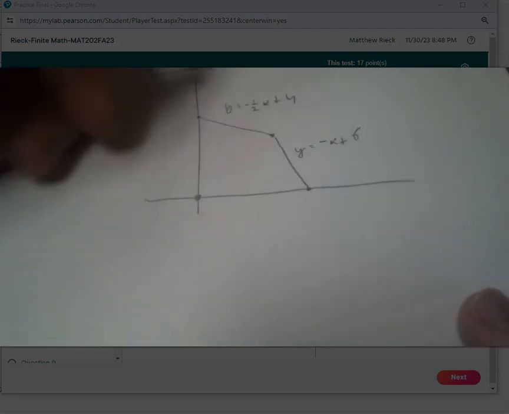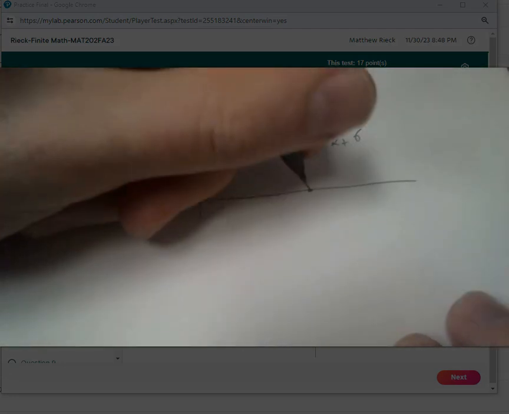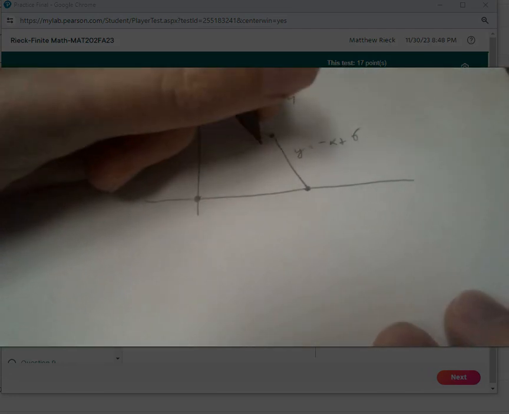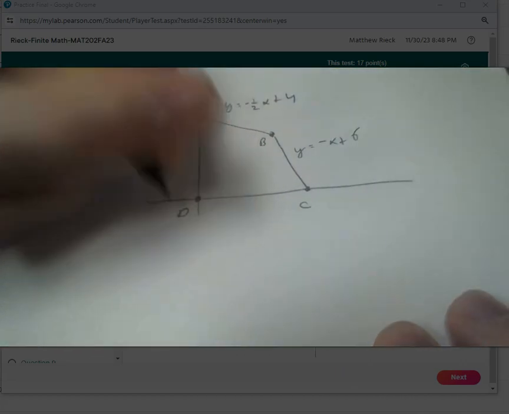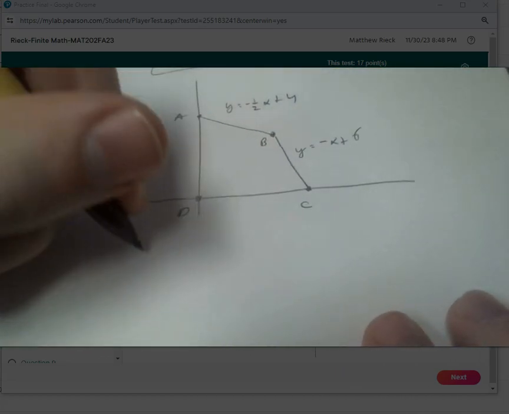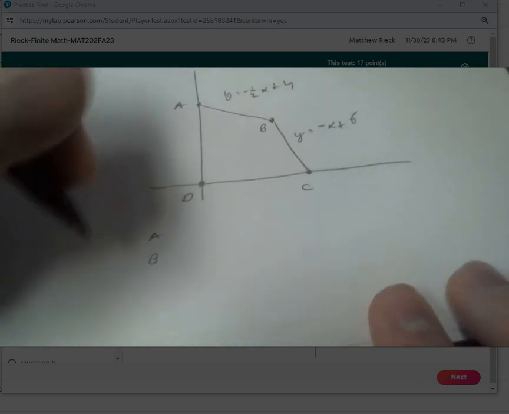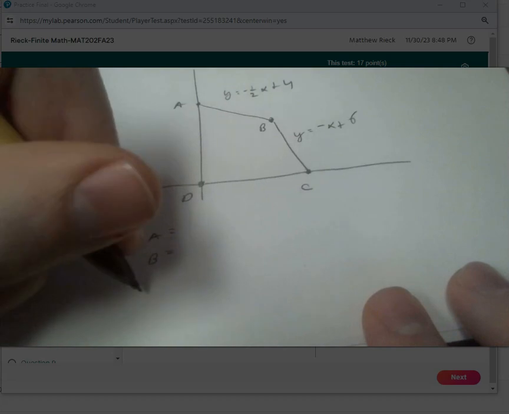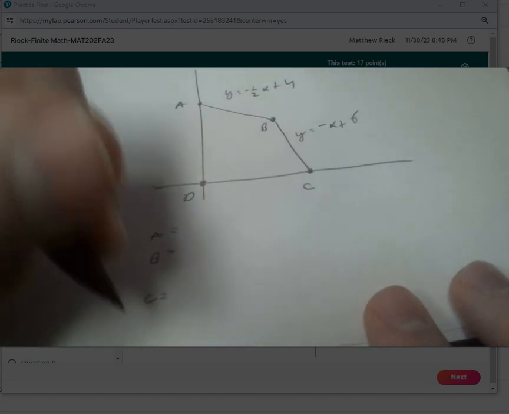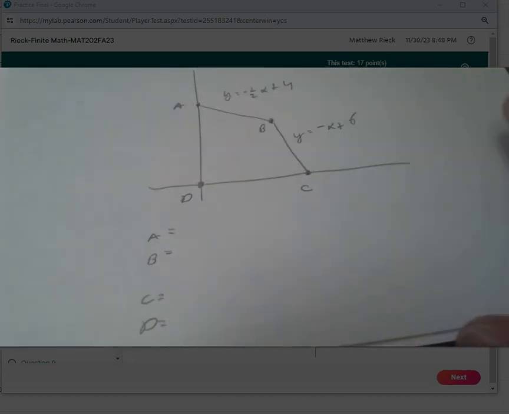So we've got to find our vertices here: A, B, C, and D. A and B are going to be the more difficult ones to find. C is going to be relatively easy, and D is going to be relatively easy.